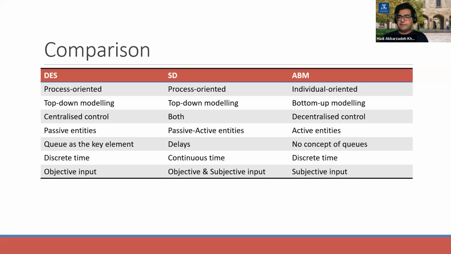But on the other hand, in agent-based modeling, mostly the relationships or interactions between agents are defined as rules, as subjective inputs. In system dynamics, we can have both. We can estimate some parameters based on data. Also, we can incorporate subjective rules into system dynamics modeling.